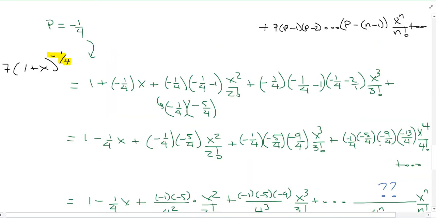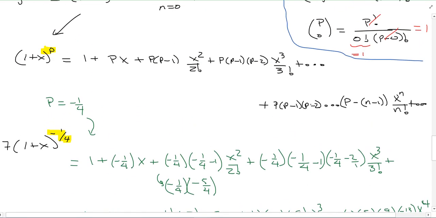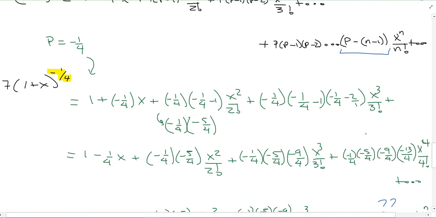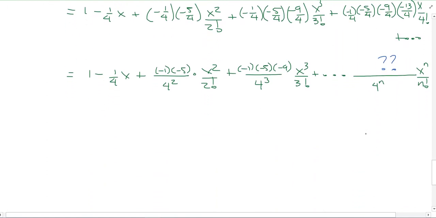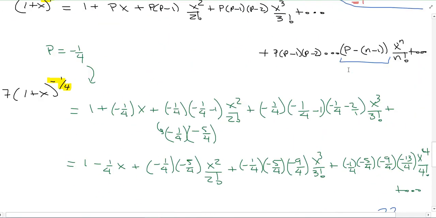All right, now that you've had some time to think about it, let's go back to the top, right? So our binomial expansion looks like this. So the nth term is p times p minus 1, p minus 2. And so we're going to focus slightly on this last term, right? Because what that means is that here, so I'm going to focus on this guy. So we're going to have the p, right? So it's our negative 1/4 times, then what did we say, right?